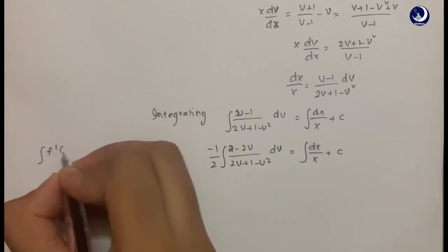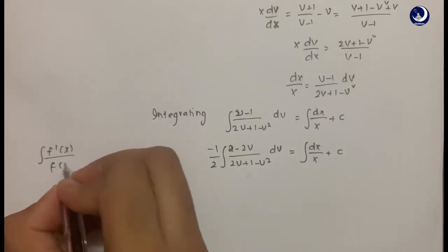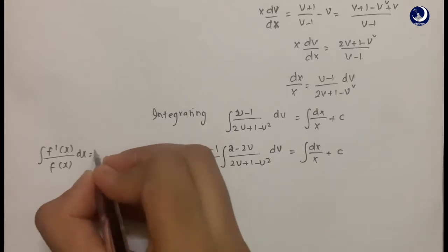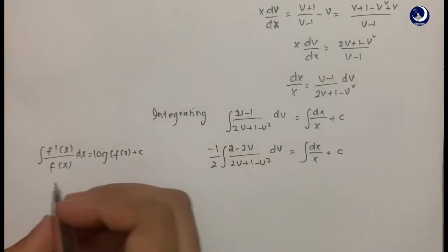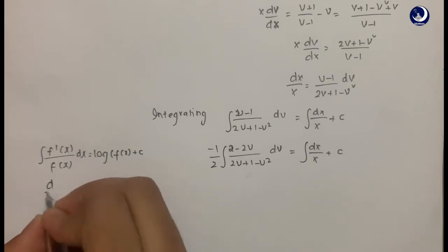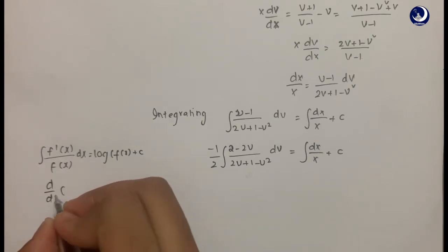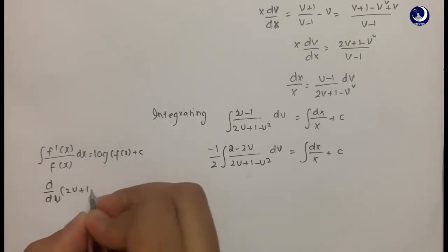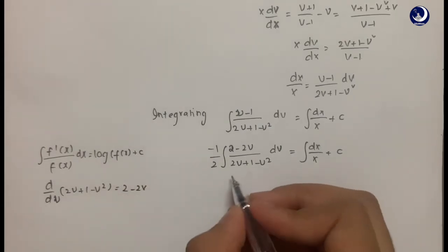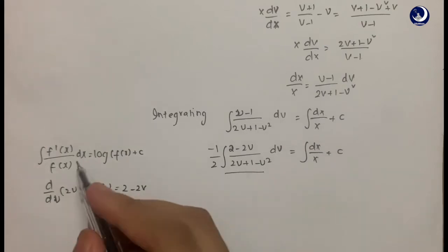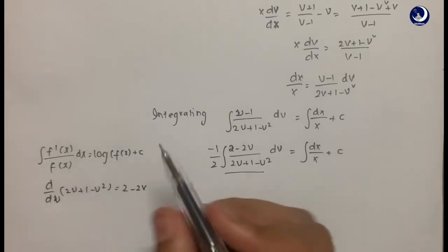Integration of f dash of x by f of x dx equal to log f of x plus c. Here derivative of this is of the form integration of f dash of x by f of x dx.